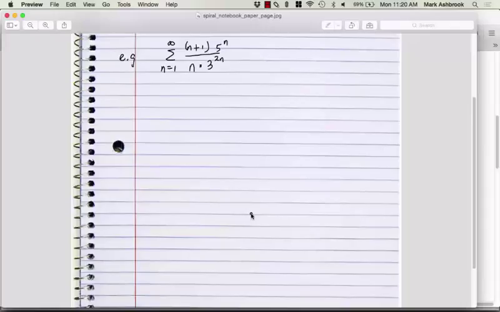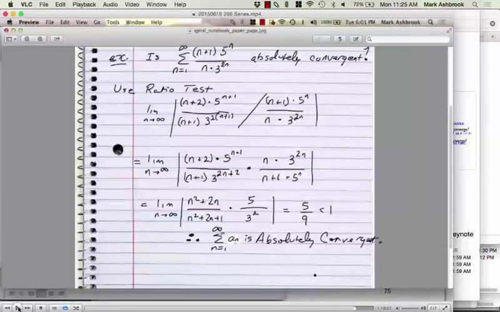But I will go ahead and see if you can take the limit, grouping things that are alike together. So you're going to have n squared, your n, all those n terms can group together. You get n squared plus 2n over n squared plus 2n plus 1. That goes to 1. And then you're going to have 5 to the n plus 1 over 5 to the n, which gives you a 5.